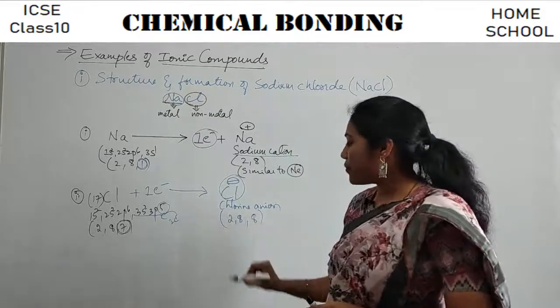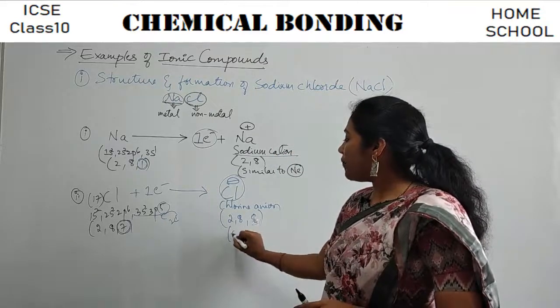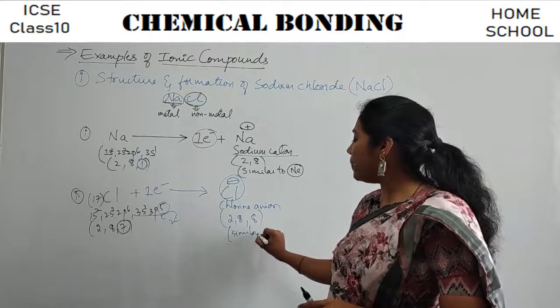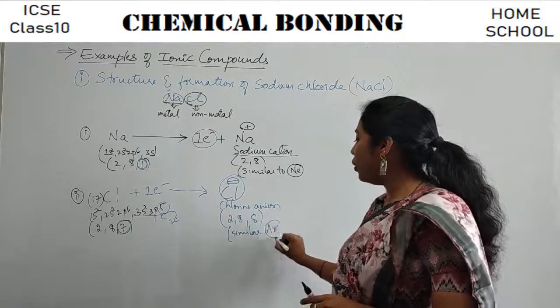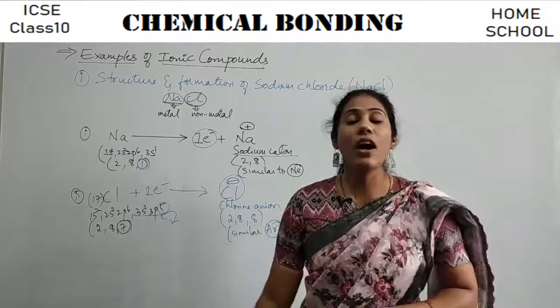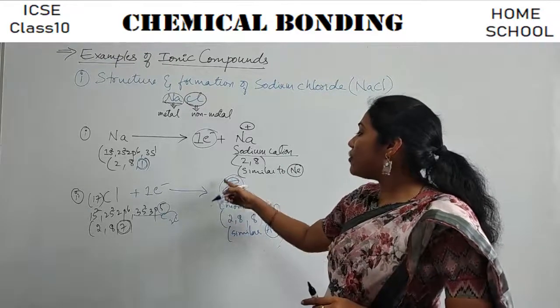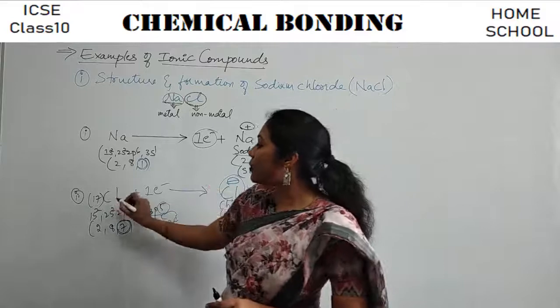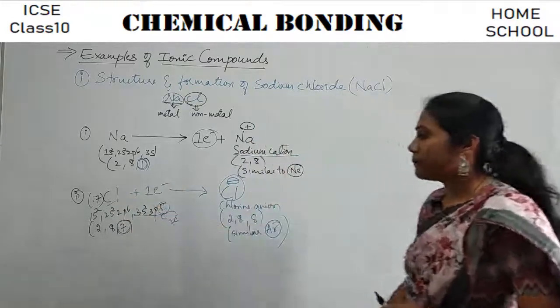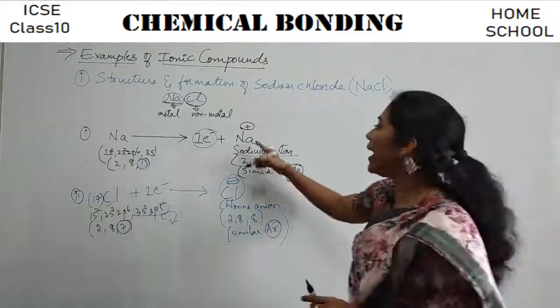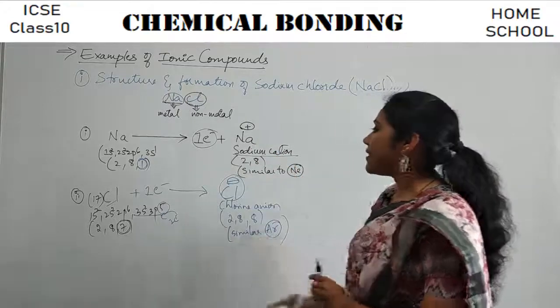This electronic configuration is similar to the noble gas argon, right? Now Cl minus is the most stable form compared to single Cl. Clear, everybody? So now you have Na plus and Cl minus.